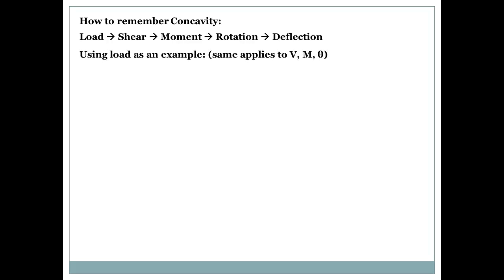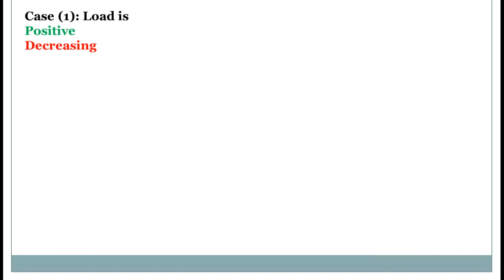Now we will use just the load as an example. And again, same applies to V, M, and theta. Case 1. If the load is positive and decreasing, what does that mean? This load is positive because it's pointing upward, and it's decreasing in value.